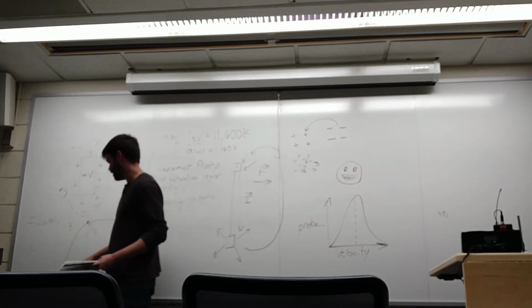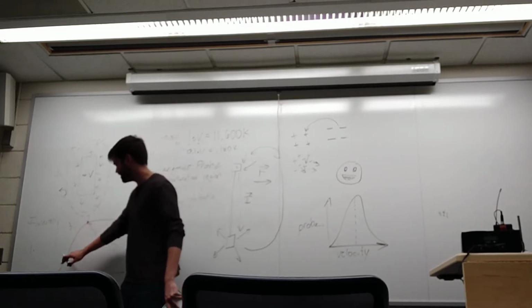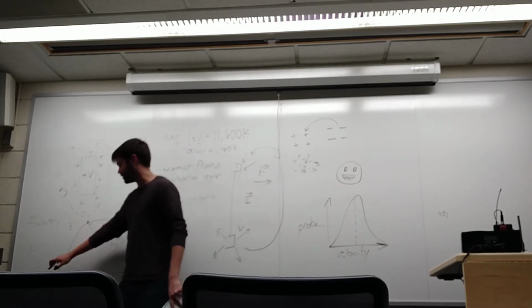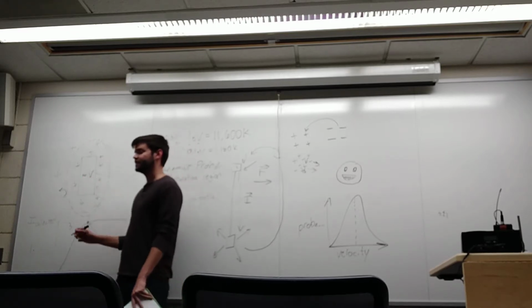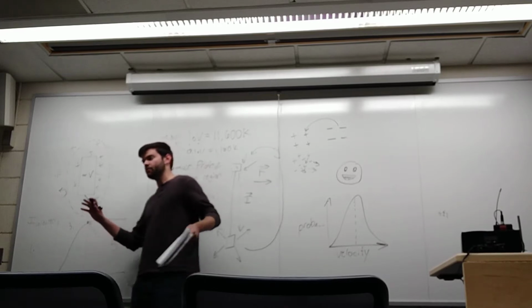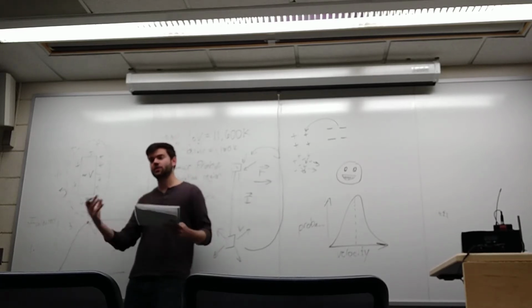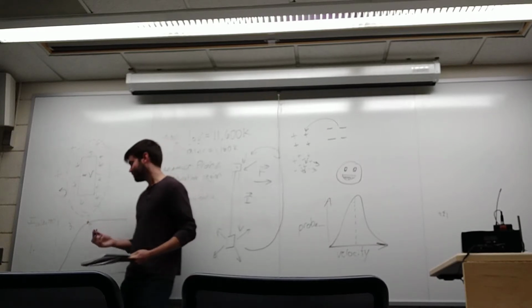So this next region here is when you're basically getting more positive, so you start to let in those electrons. So you're still at a negative bias, but you're not so negative that you reject all the electrons. You're slightly negative, so some of the electrons are getting through and others aren't.